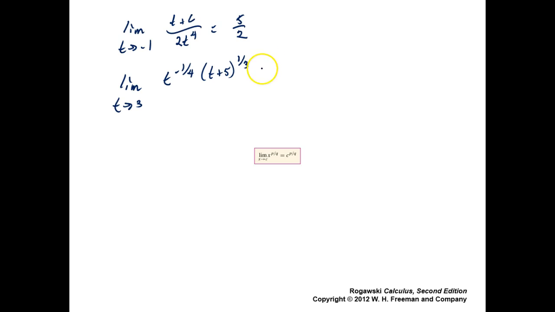That looks fun, doesn't it? What do you reckon that one's going to do? Just a little bit of a reminder, what does it mean to raise something to a negative exponent?